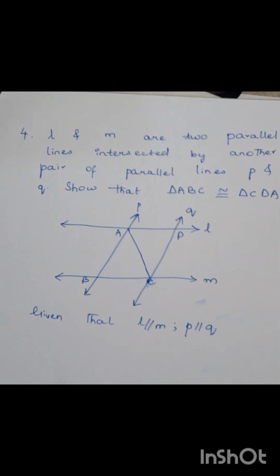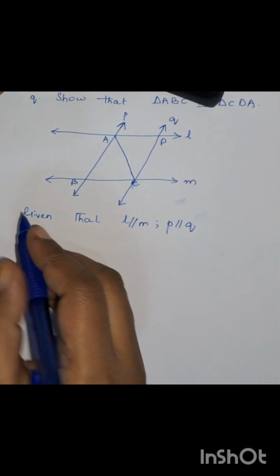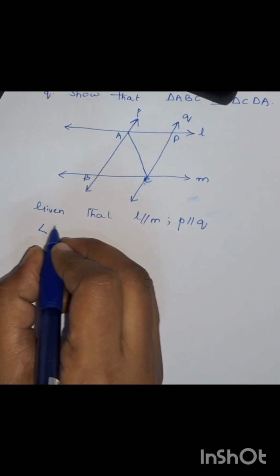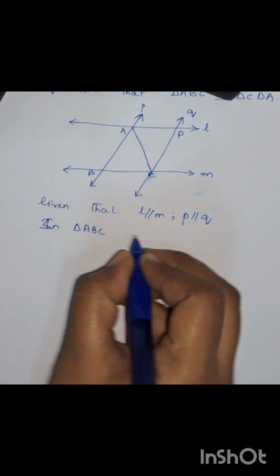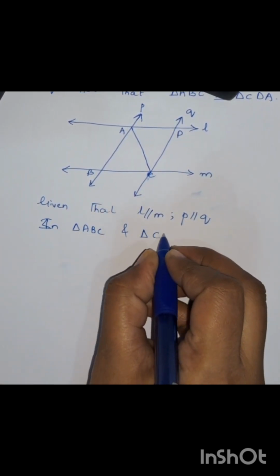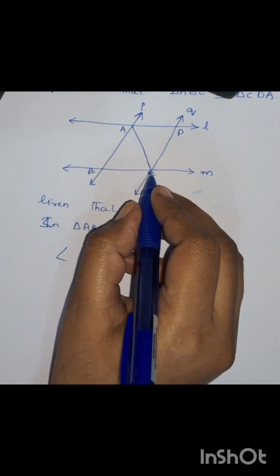Now here, in triangle ABC and triangle CDA, you can see angle BAC is equal to angle DCA. Yes or no? If these angles are equal, this angle will also be equal.